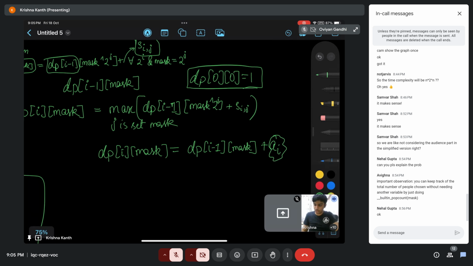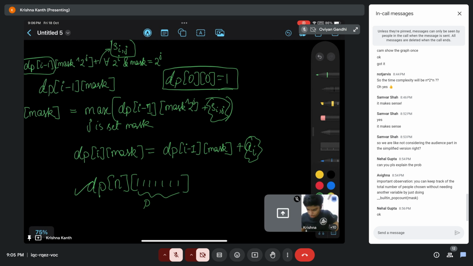You would only add this guy to the AI strength. You wouldn't use him for any position, he would not have any S_ij contribution. You would only take him for the audience. And the answer would be the one where you consider all the people. Of course, it's optimal to consider all the people. The bitmask would be such that all the p positions are chosen, because you have to fulfill all positions, and in between the number of k audience members will automatically be satisfied because of our transitions. So this would be the answer.